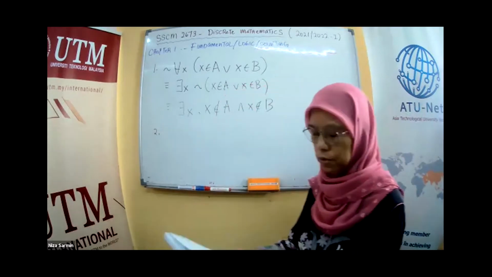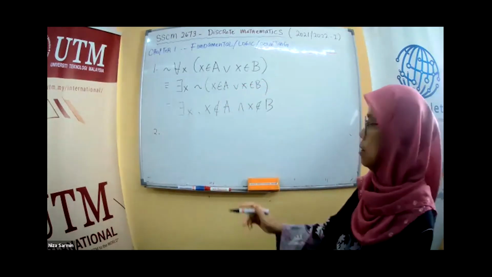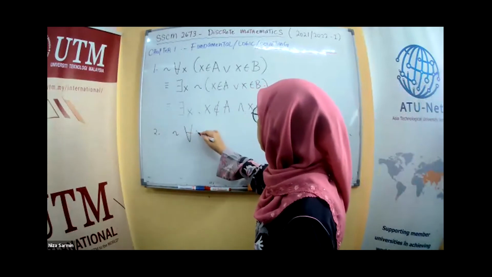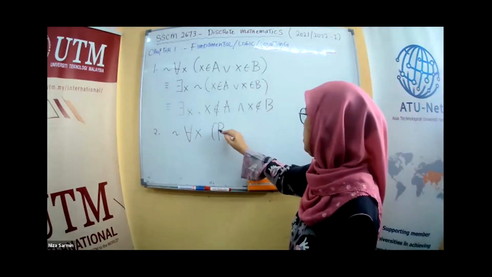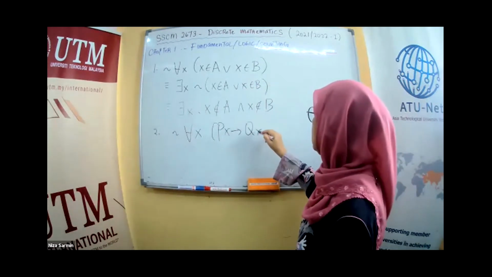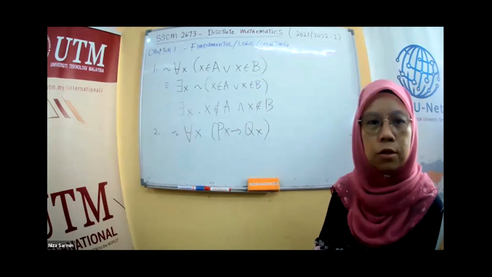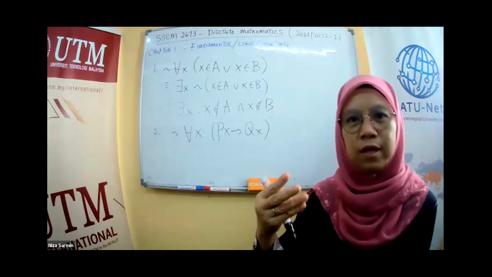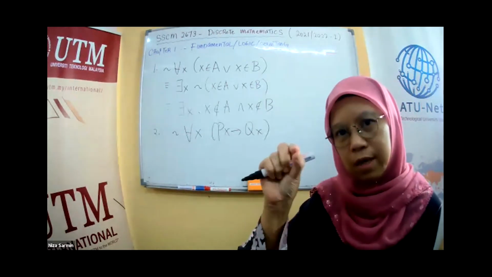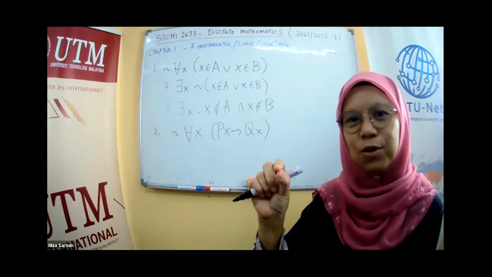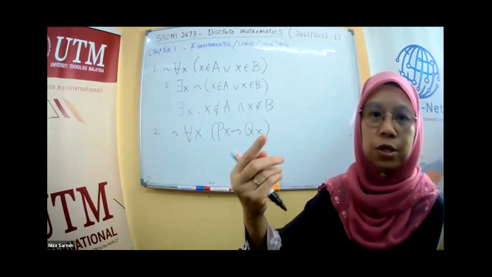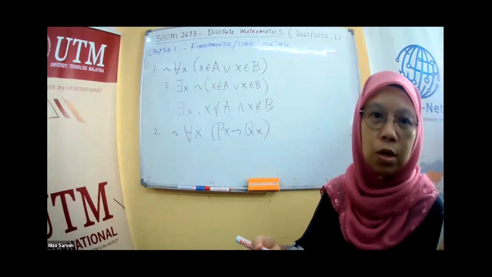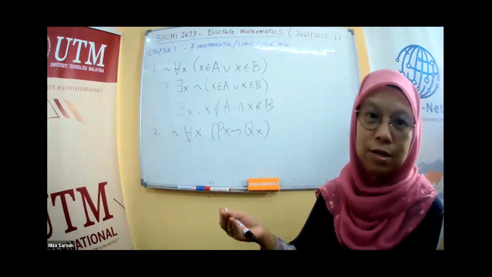Number 2, for all x, Px implies Qx. So, do you have the negation of the implication? No, right? You don't have the negation of the implication, but you can change the implication into or like just now.